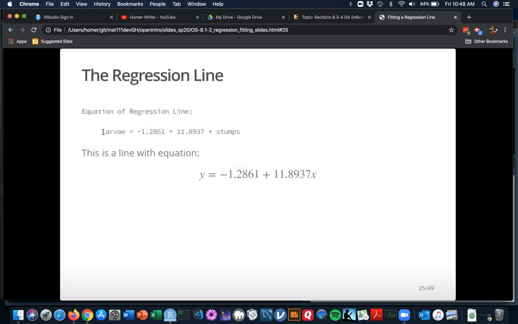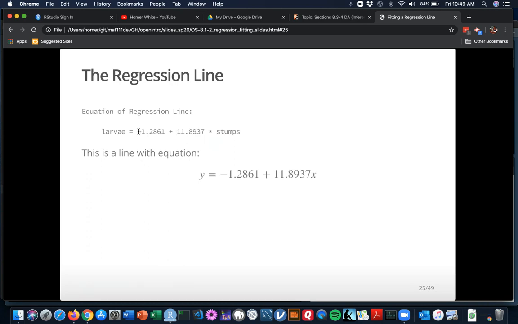The equation of the regression line comes in that output to the console, and it's right here. The larvae is on the y-axis. The stumps is on the x-axis. So what we're talking about here is an equation y equals negative 1.2861, that's the y-intercept, plus 11.8937 times stumps, the x variable, and that's the slope.